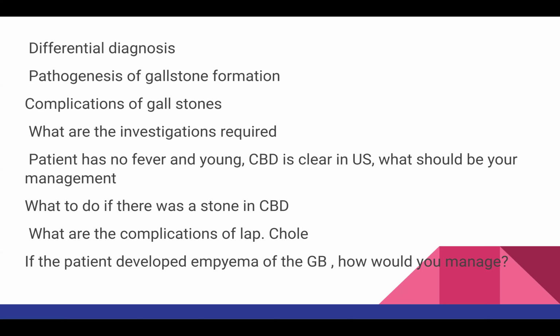And regarding the surgery, laparoscopic cholecystectomy is contraindicated. We should go ahead with percutaneous cholecystostomy and drainage of the empyema collection, followed by an interval cholecystectomy later after stabilization of the patient, or if the patient is having any sepsis, because laparoscopic cholecystectomy is contraindicated in such conditions, in empyema conditions.